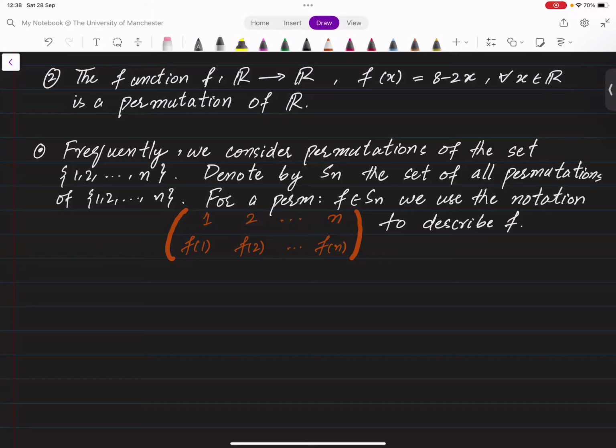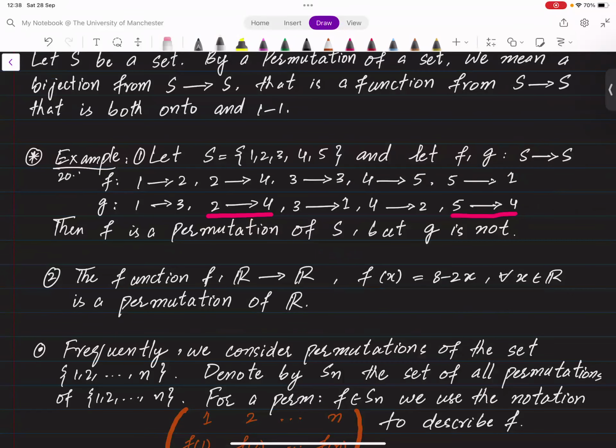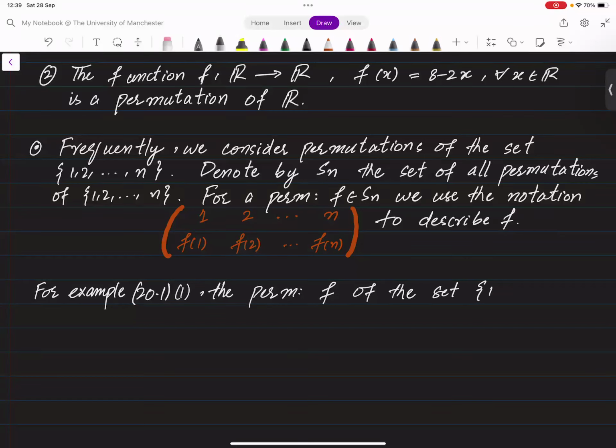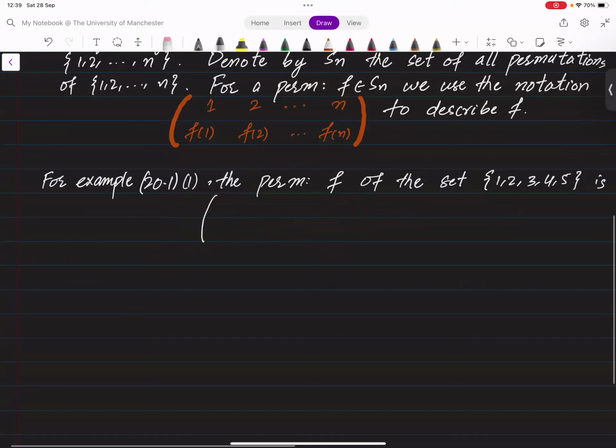So, for example, Example 20.1, number 1: we could say that the permutation f of the set 1, 2, 3, 4, 5 is written as 1, 2, 3, 4, 5 on top, with 2, 4, 3, 5, 1 below.